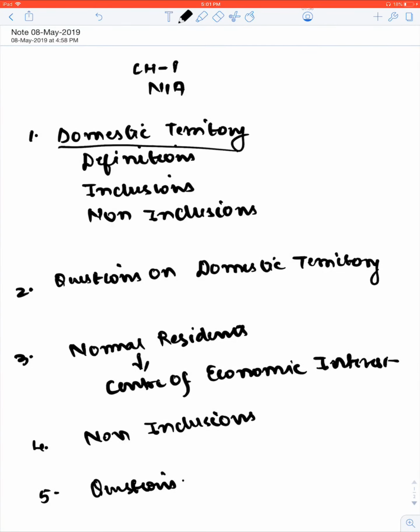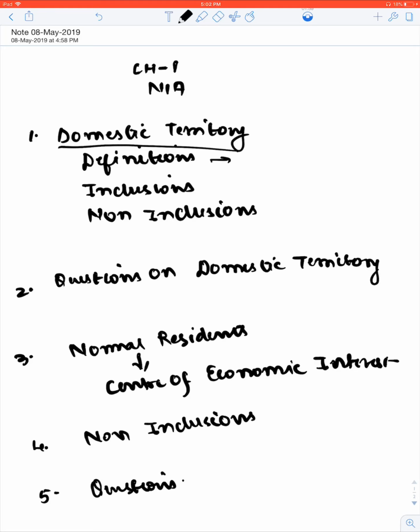So, what is domestic territory? It is a part of a country's political border, or in other words, it includes everything that comes inside the political frontiers of a country. It generally includes ships and aircraft owned by normal residents of the country.